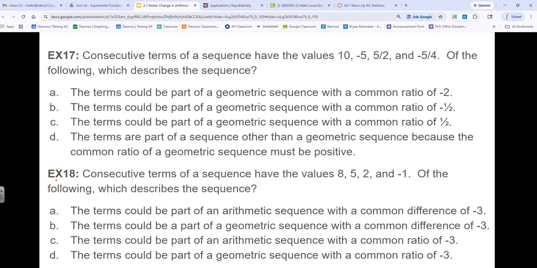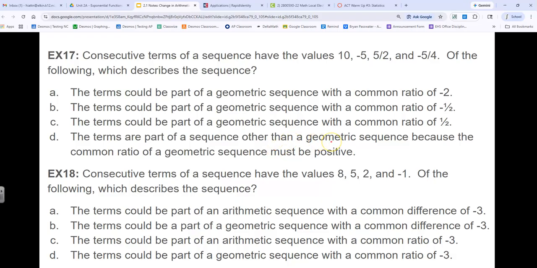All right, so here are some examples of some things you might see. Consecutive terms of a sequence have the values of 10, -5, 5 halves, and -5 fourths. Of the following, which describes the sequence? Okay. So you can see all of your options, except for the last one, say this is a geometric sequence.